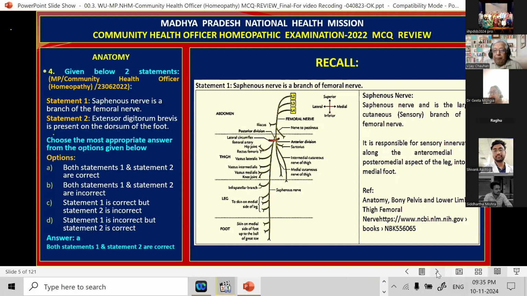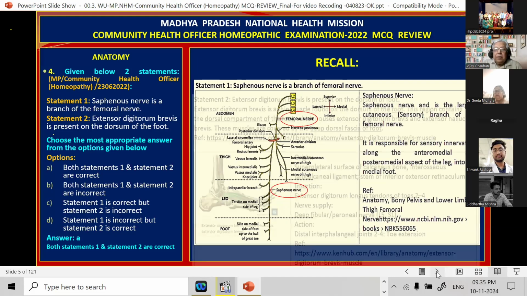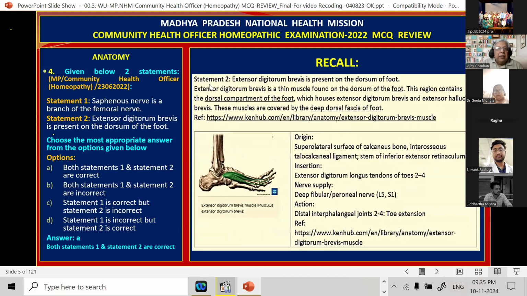Now we'll go to statement 2. Extensor digitorum brevis is present on the dorsum of foot. The text says extensor digitorum brevis is a thin muscle found on the dorsum of the foot.